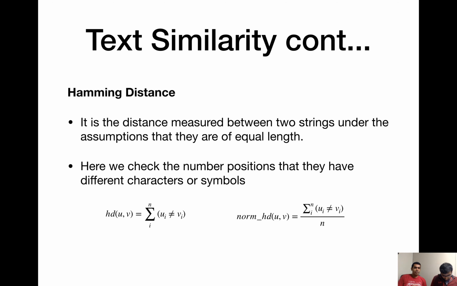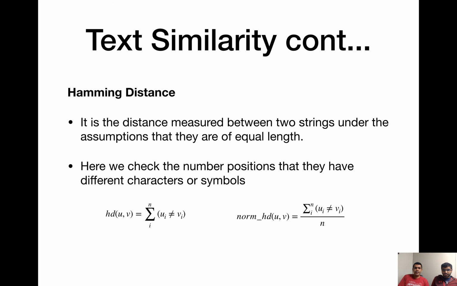So now we have looked into all the similarities where the length of the word or the string doesn't matter. But here, coming to Hamming distance or Manhattan distance or Euclidean distance, which we are going to look at further, they have to have the length of the string equal. That means two strings which you are comparing should be of equal length.